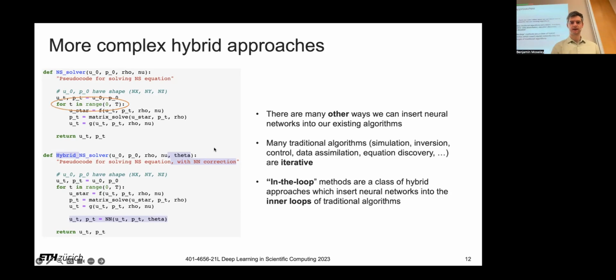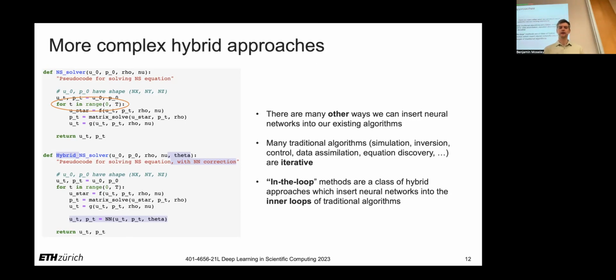An interesting observation here is, if you think about the traditional algorithms that we use, like simulation codes, data assimilation codes, control algorithms, equation discovery, a lot of these algorithms actually just boil down to an iterative algorithm. What do I mean by that? It basically means you have a for loop with a lot of complicated code in the middle, and it's just iterating through that for loop to compute some iterative solution.